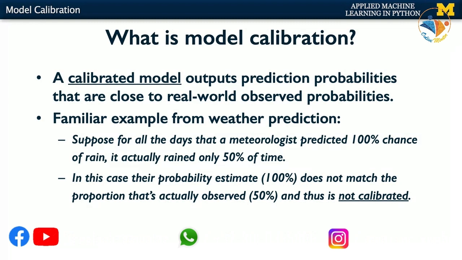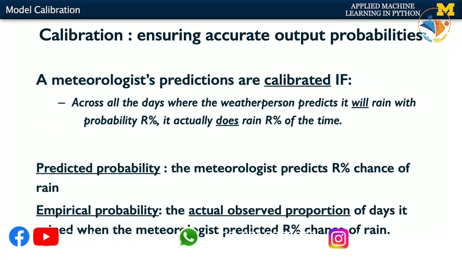So we would say that the meteorologist's predictions, their prediction probabilities, are not calibrated. A meteorologist's predictions would be calibrated if, across all the days where the weather person predicts it will rain with probability R%, it actually turns out that it does rain R% of the time. So we have two quantities here. We have the predicted probability. That's the probability that the meteorologist actually predicts when they say it's going to rain.